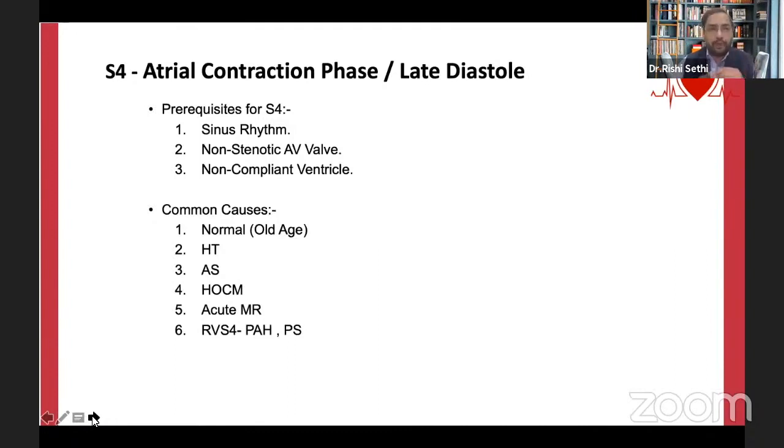So for S4, the prerequisites are sinus rhythm, a non-stenosed AV valve, and a non-compliant ventricle. The ventricle has to be non-compliant to produce S4. When all these three prerequisites are there, then S4 is most likely present. The common causes are sometimes normal, as in the normal aging process when the ventricle is non-compliant, and also hypertension, aortic stenosis, HOCM, acute AR, and so on.